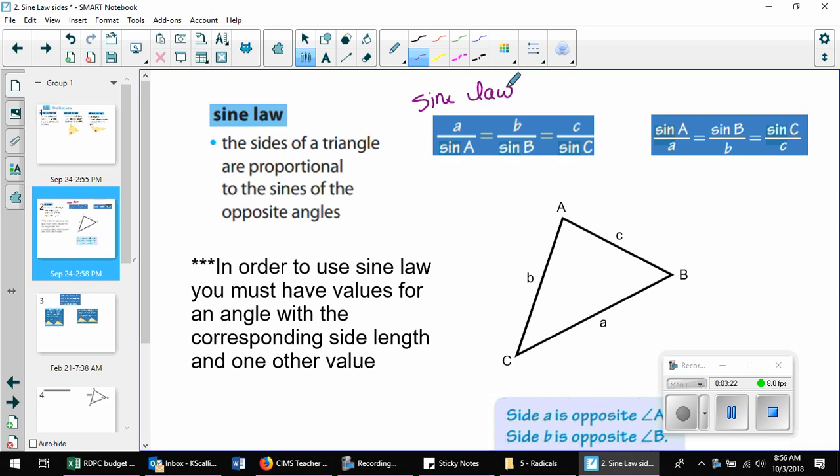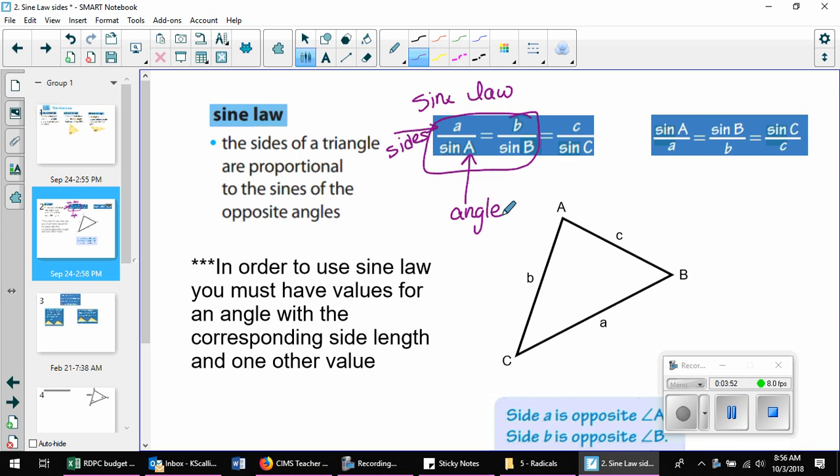And we usually only use 2 at a time. Lowercase letters represent the sides of the triangle. The uppercase is an angle measurement. Now, here's the deal. You can do it this way or you can do it this way, as long as they're the same, as long as all your angles are on top or your sides are on top.